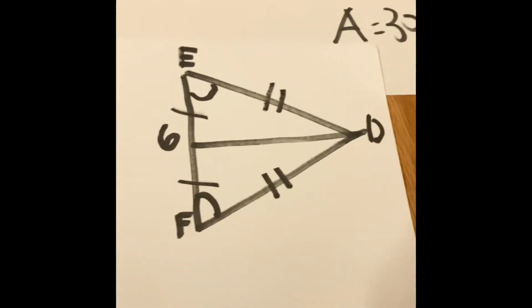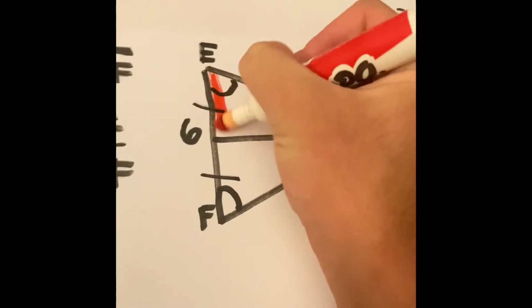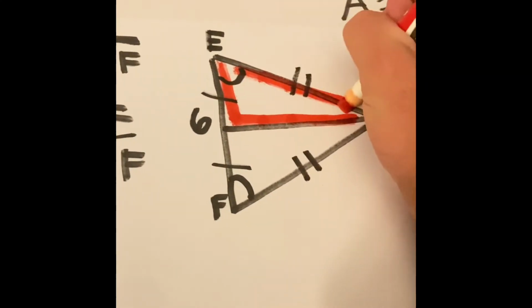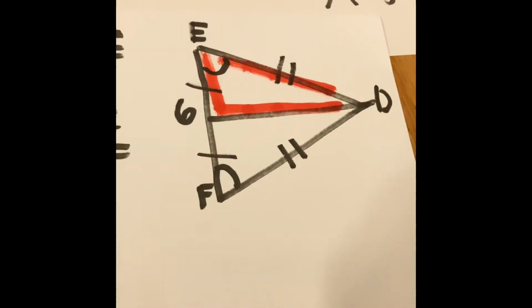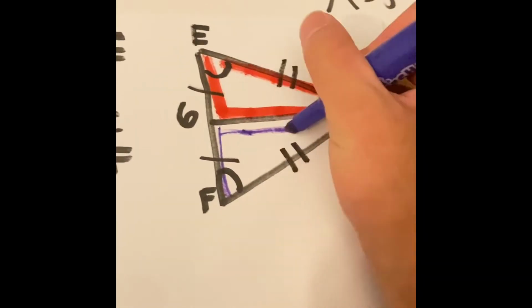We can prove two things. We can say these two triangles have to be congruent to each other.